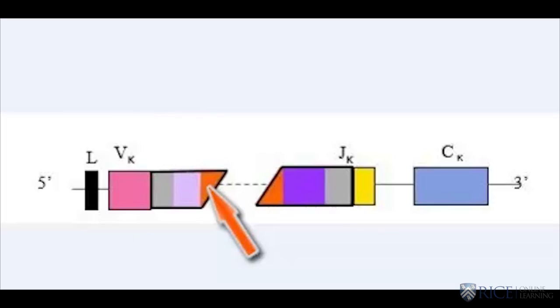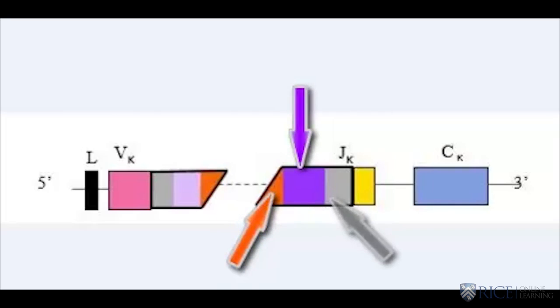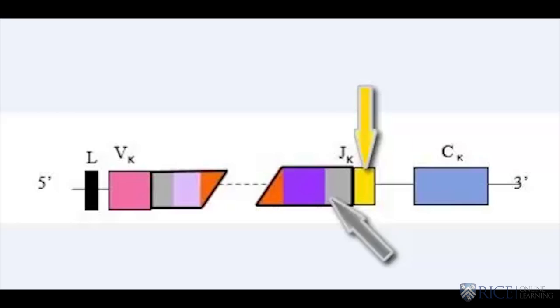Downstream below that, we have, again, another AT-rich, a 2-turn sequence, and a heptamer followed by the yellow J region. When we're done, we're going to put together the V with the J, and let's look a little bit in more detail at what these really represent.